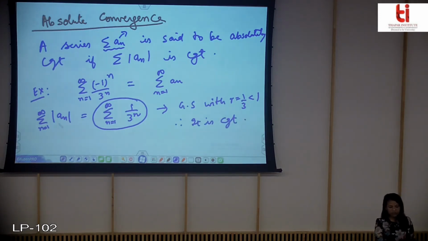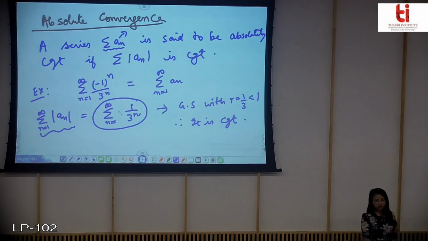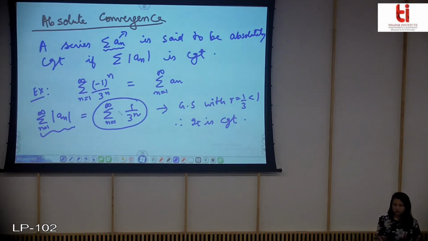So you can see that the mod of an converges. If you consider this an as an alternating series, and if you take mod, you have this series, and you know that this series converges as this is a geometric series with the common ratio 1 by 3, which is less than 1.